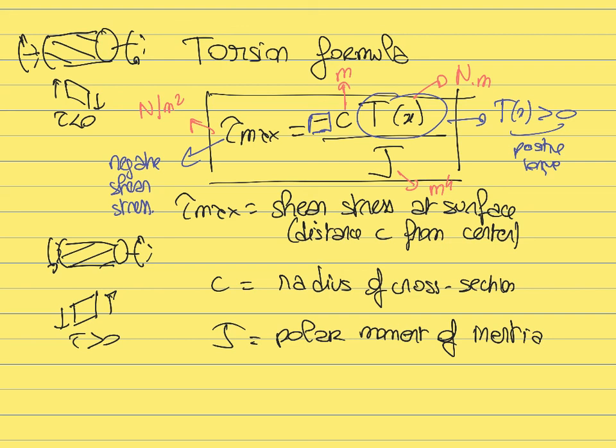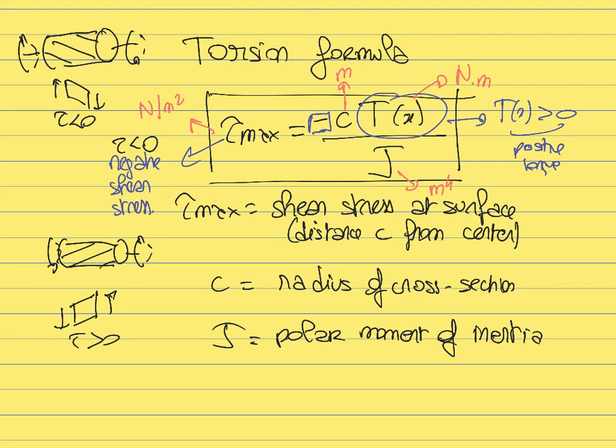So a positive torque will result in a negative shear stress. On the other hand, a negative torque would induce a positive shear stress. So the sign of the torque is opposite to the sign of the shear stress. That's something to keep in mind.